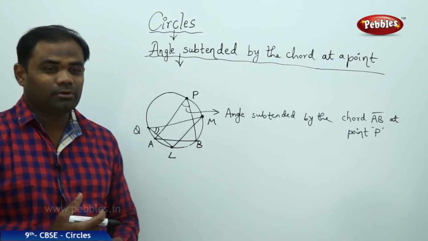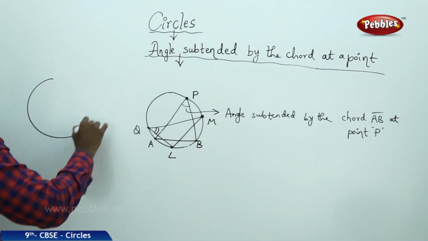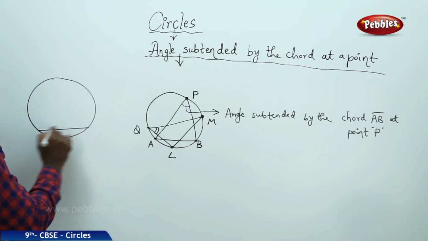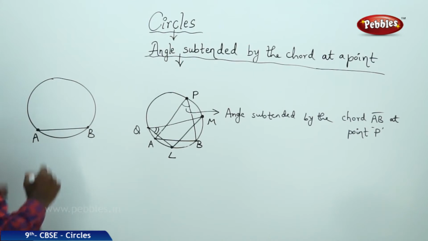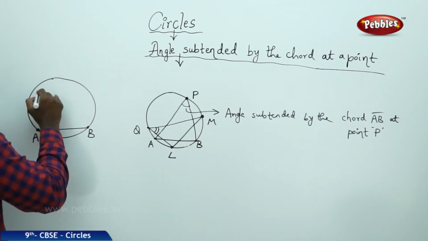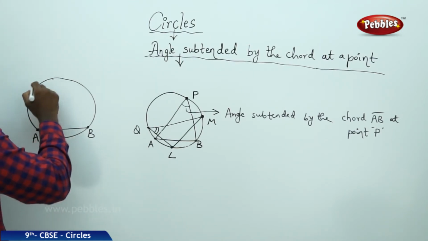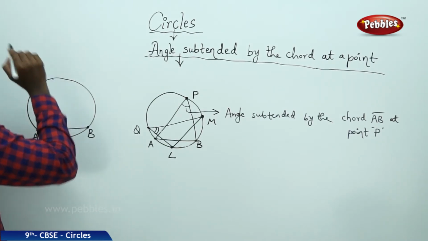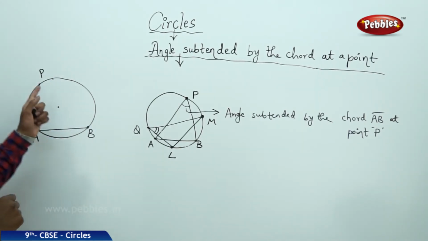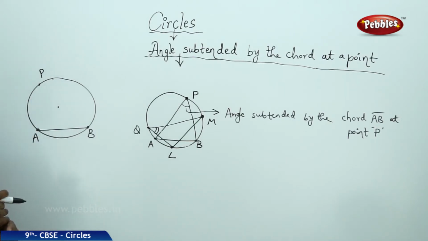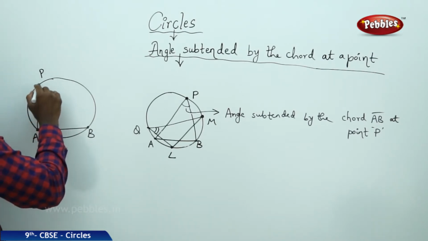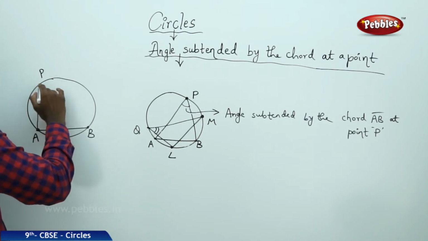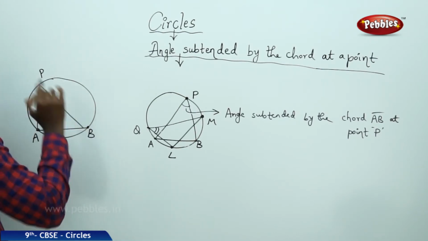It's also very important to note that, say, I have a circle in which I have a chord AB. Say I have a point P out here. Let's see if the angle which I make on this diagram is the angle subtended by the chord AB at P. So let me just join this and let me just join this.